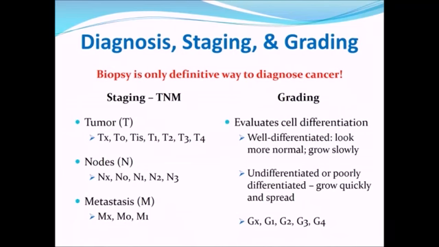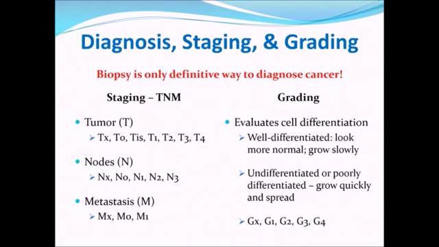Grading is a little bit different. This actually looks at the appearance of cells underneath the microscope, so it evaluates cell differentiation. So early cancers, they're abnormal cells, but the cells still tend to be very well differentiated. They look more normal, and those types of cancer cells tend to be growing a little bit more slowly.